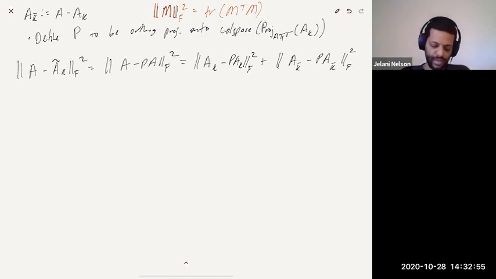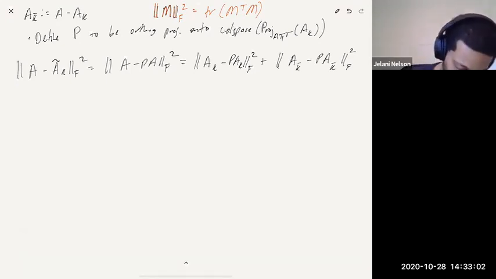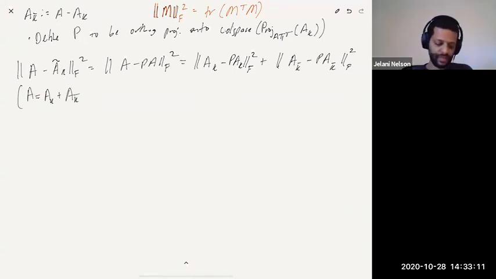Okay, so I can write A is equal to A K plus A K bar. I can do that.